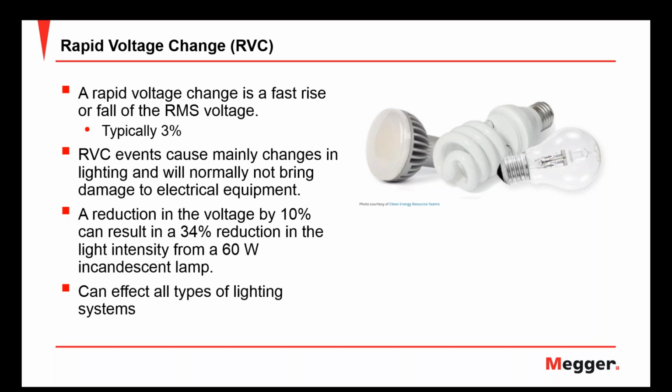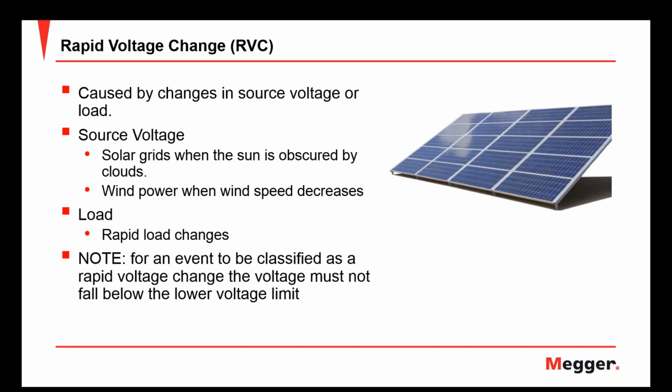You'll see it in fluorescent, and you may see it in LED depending on the design of the actual driver for the LED, because remember, LEDs work off DC, not AC. So they're going to rectify the AC voltage. It all depends on the design of that rectifier that many times is embedded in the light itself. But the important thing is to realize it can affect all types of lighting. So if we are troubleshooting a lighting issue, RVC is something we want to record.